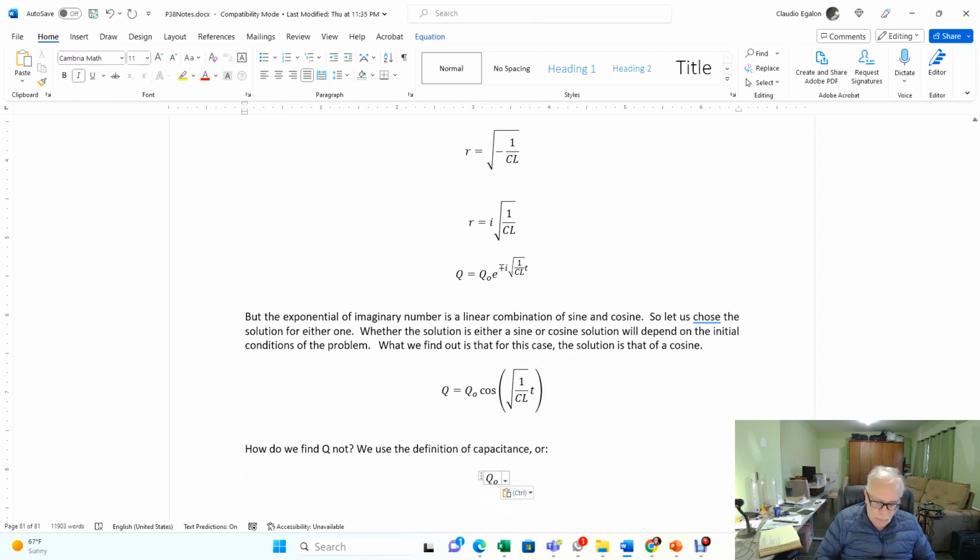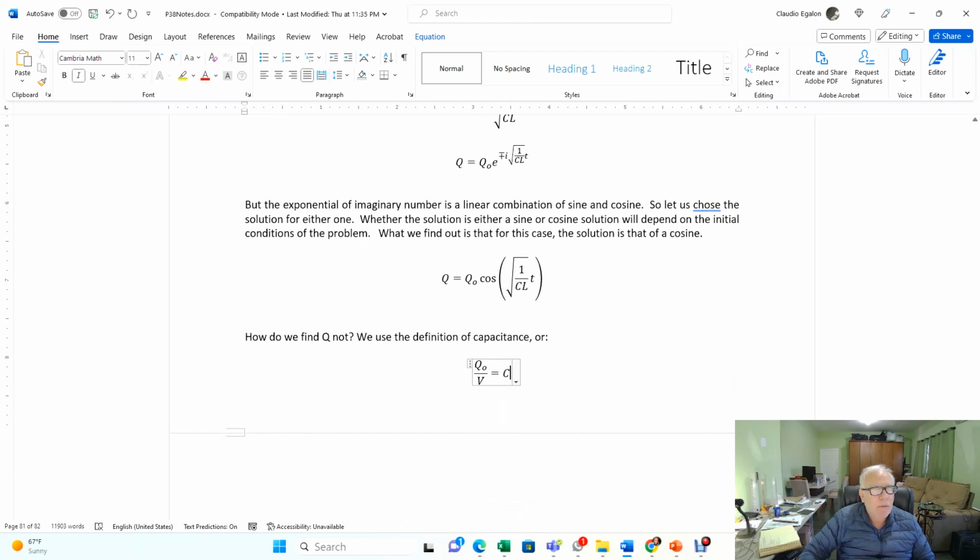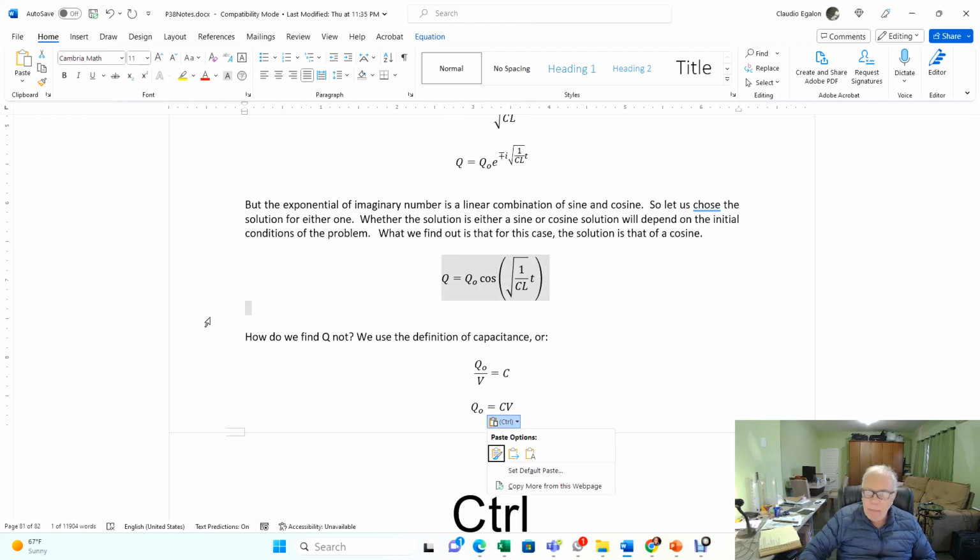Q naught over V, okay, which is the initial voltage of the capacitor, is equal to C. Q naught is CV. Okay, so we can put that in the back of our minds, right?